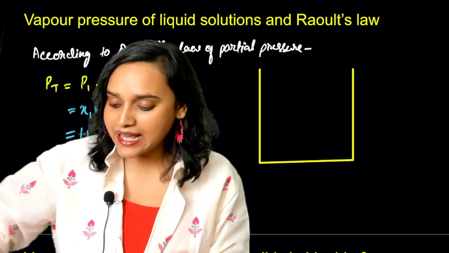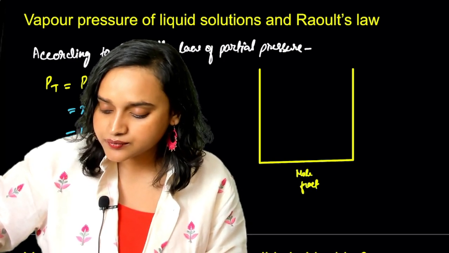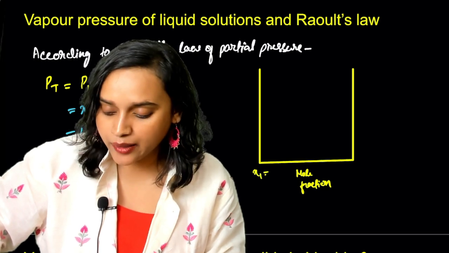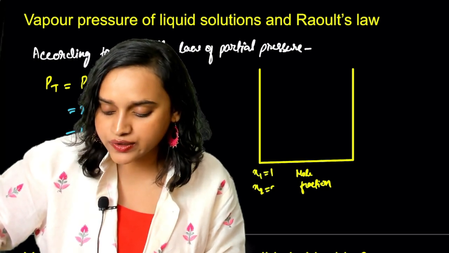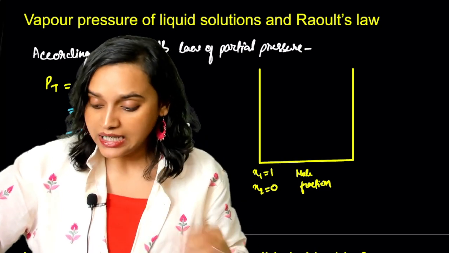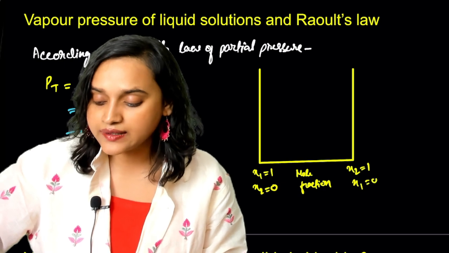On the x-axis, we are going to take mole fraction. Let's say here I am taking chi1 is equal to 1, so my chi2 is equal to 0, because remember, the sum of all the mole fractions is supposed to be 1. And here I can say that chi2 is equal to 1, so chi1 is equal to 0.